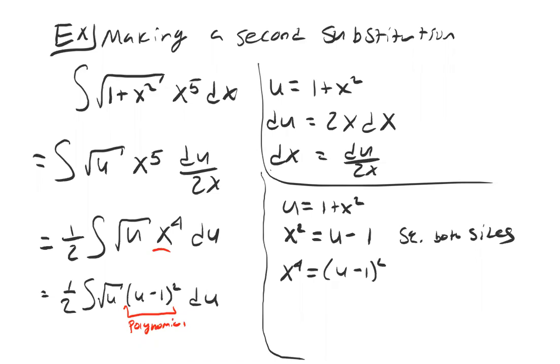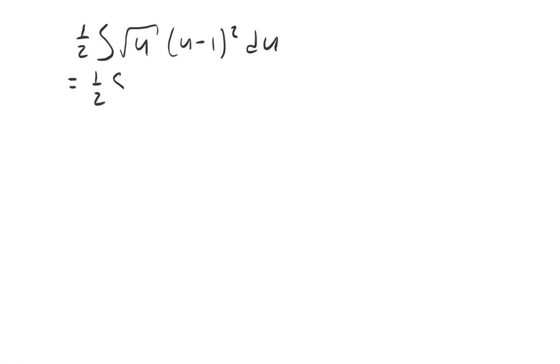So I have 1/2 the integral square root of u minus 1 squared du. I'm going to expand everything. I'm also going to, at the same time, rewrite this square root of u as u to the 1/2. u minus 1 squared is u squared minus 2u plus 1.